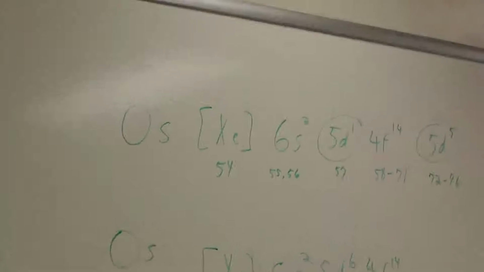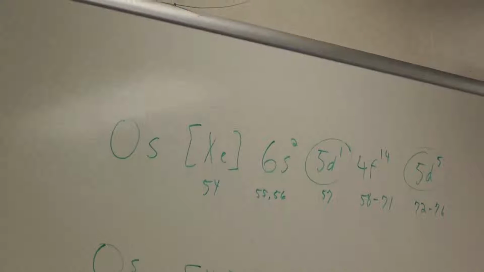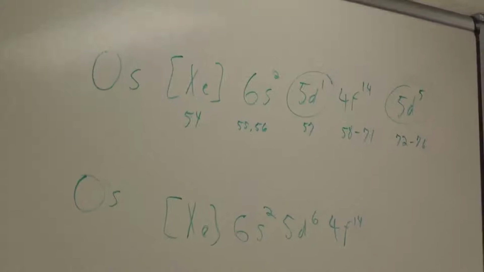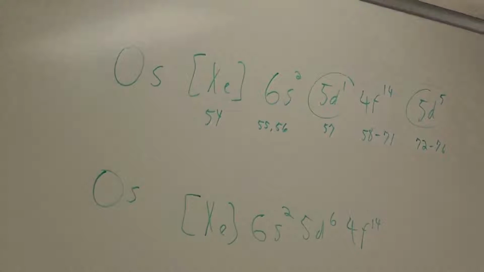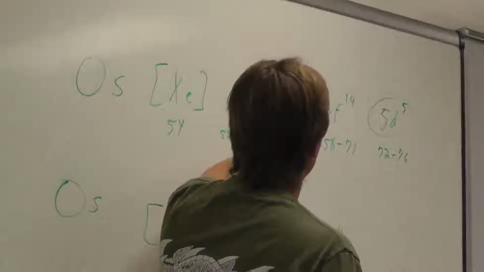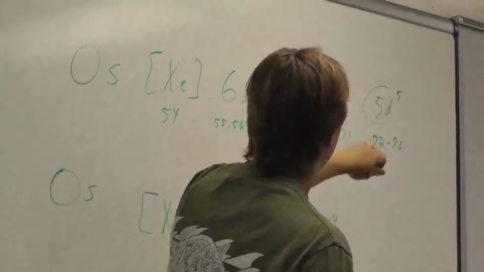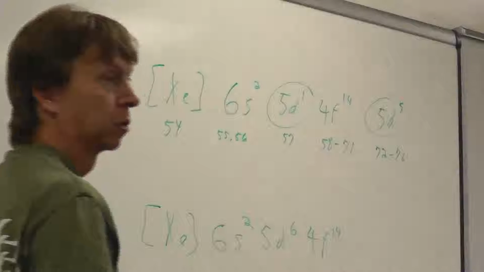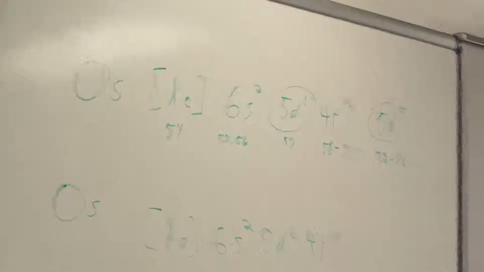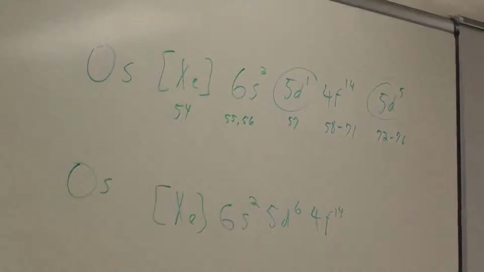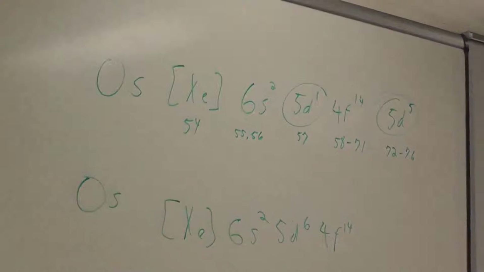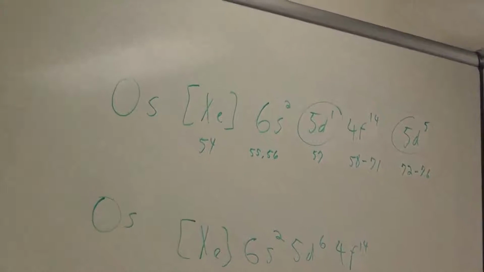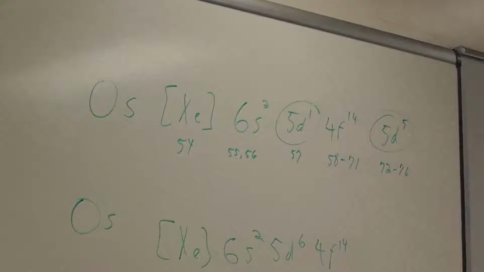Why does the 4F go after the 5D? I'm just in the habit of putting this before, but the reason you start the 5D and then finish it after the 4F is going by your atomic numbers. That's not something you should try to remember, okay? Because as long as you stay in strict order by atomic number, it will tell you that.